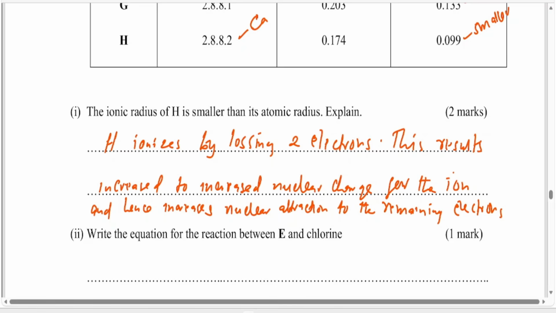This makes the ion, or the ionic radius, smaller than the atomic radius.